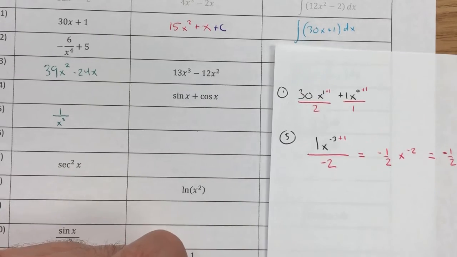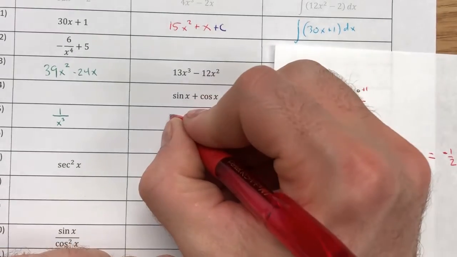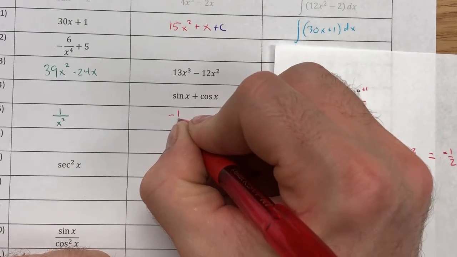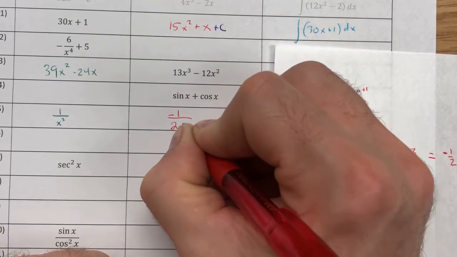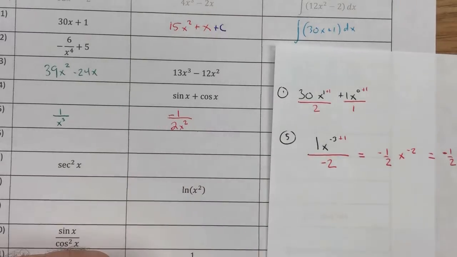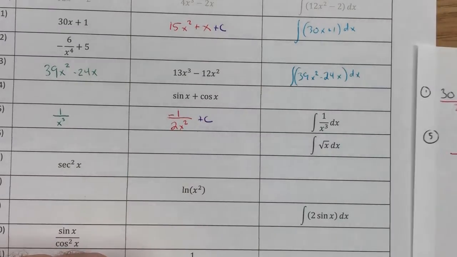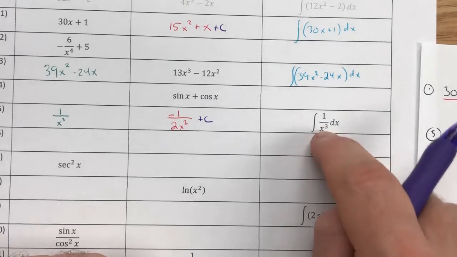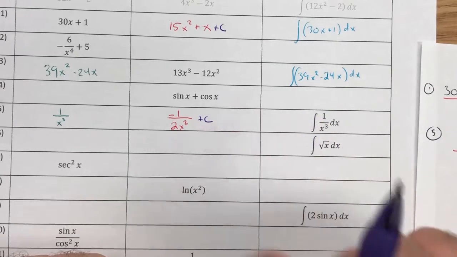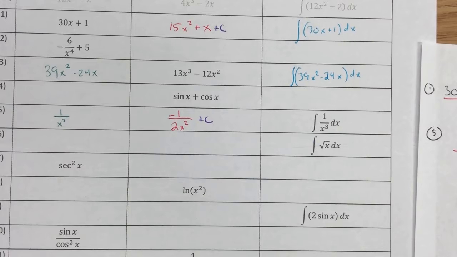There we go. So we have negative 1 over 2x squared. And let's not forget our plus c. So taking the integral and finding the indefinite integral is just finding the antiderivative. Okay.